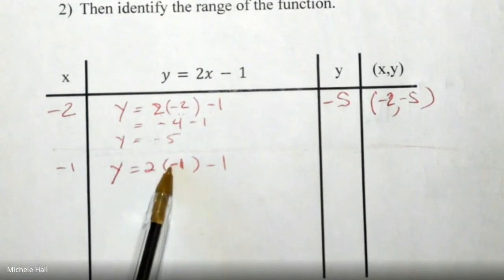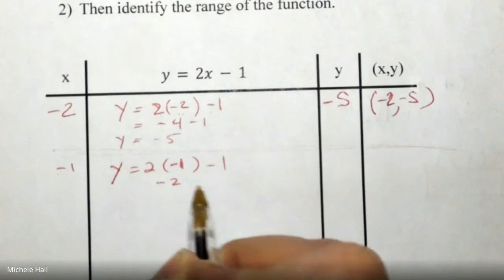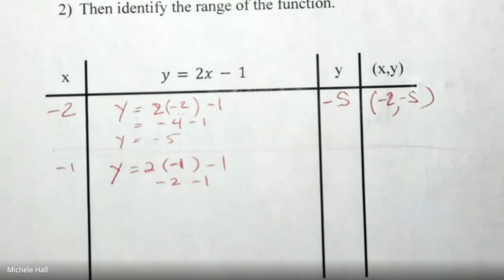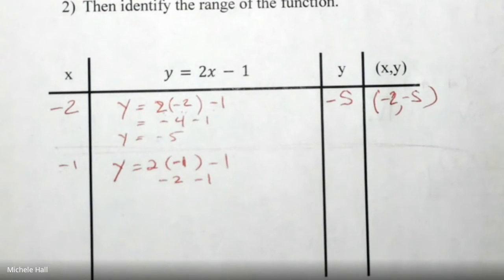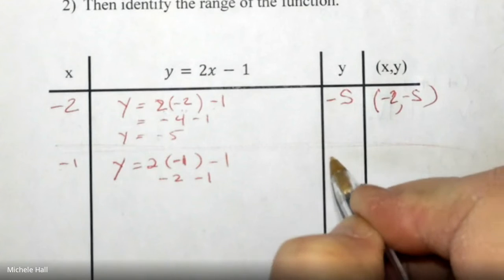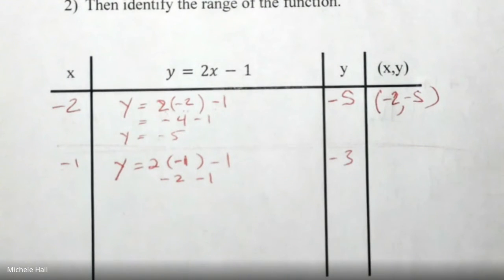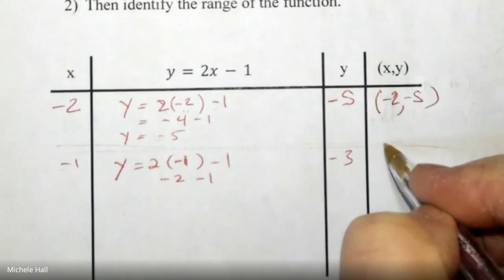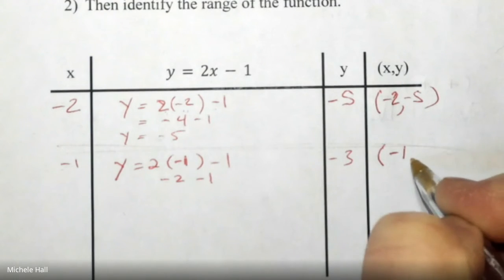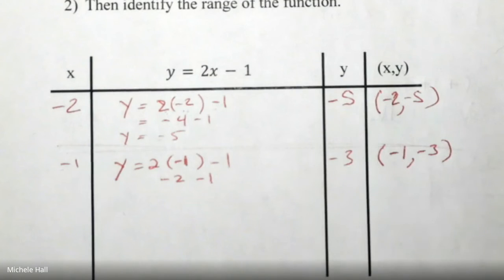What's 2 times -1? We have -2, and then we still have a -1. -2, -1, they're the same sign, so you add it up and keep the same sign. And then plot your point. When x is -1, we found out that y was -3.